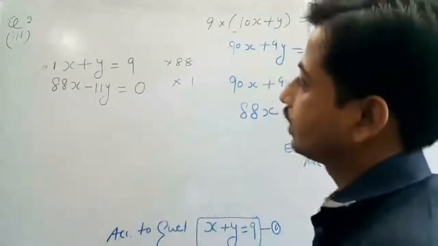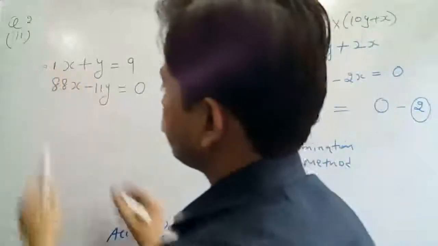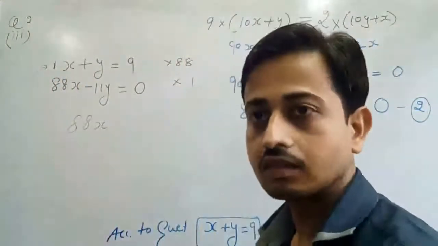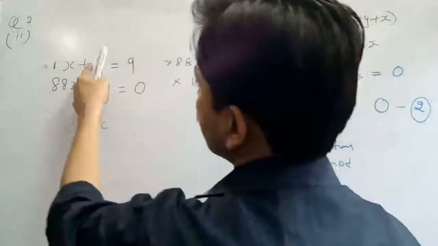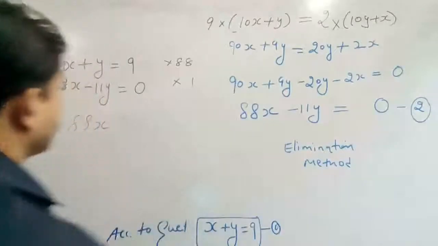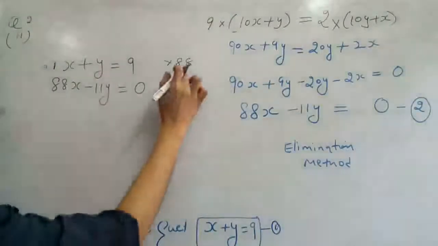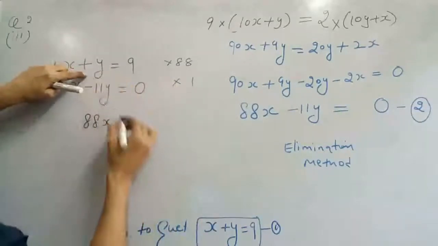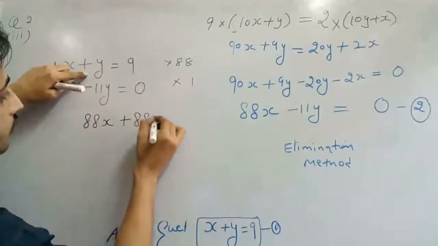So please multiply. 88 into x, we get 88x. 88 into y, we get 88y.